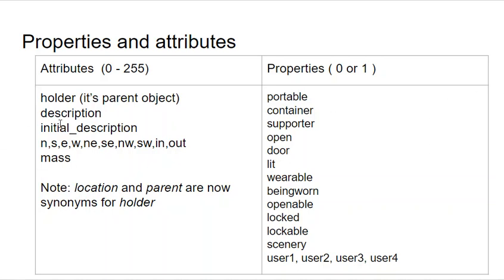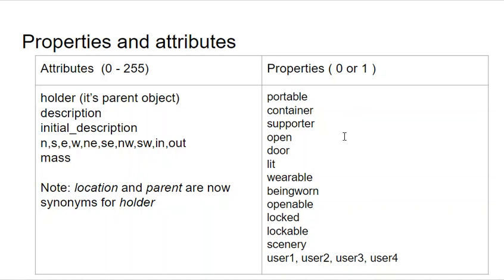So the attributes can store numbers between 0 and 255, and then an object also has properties. Properties have a value of 0 or 1. Let's look at those. So portable, that is, can you pick it up or not? Is the thing a container? It means, like, can you put things in it? Is it a supporter? That means, can you put things on it?